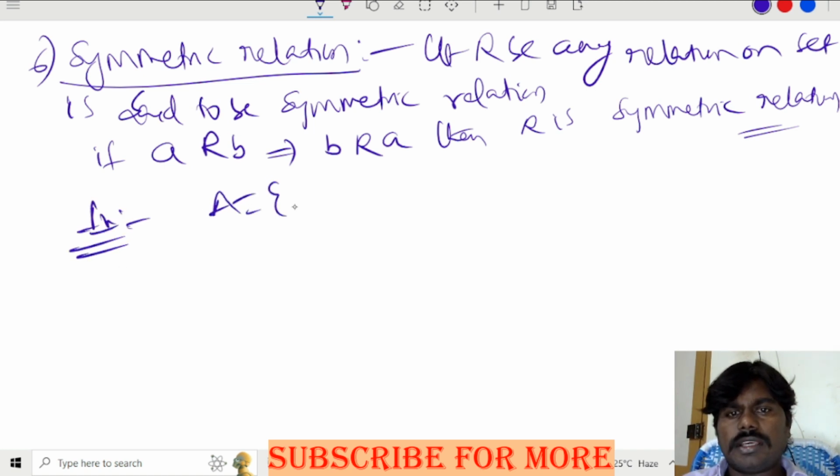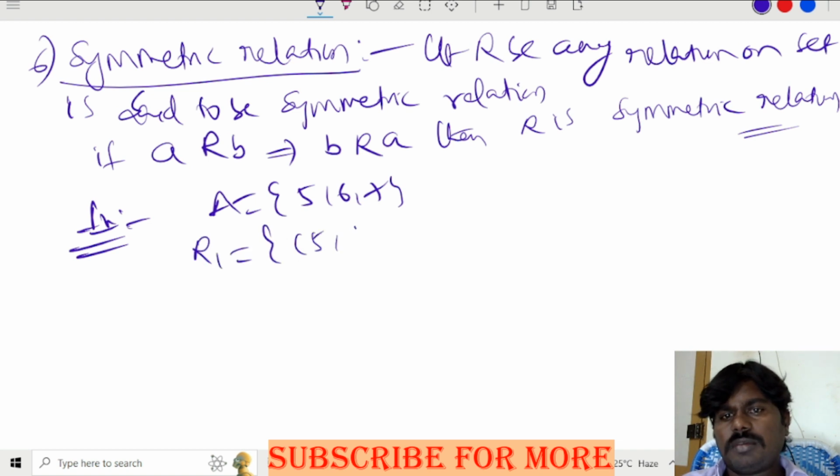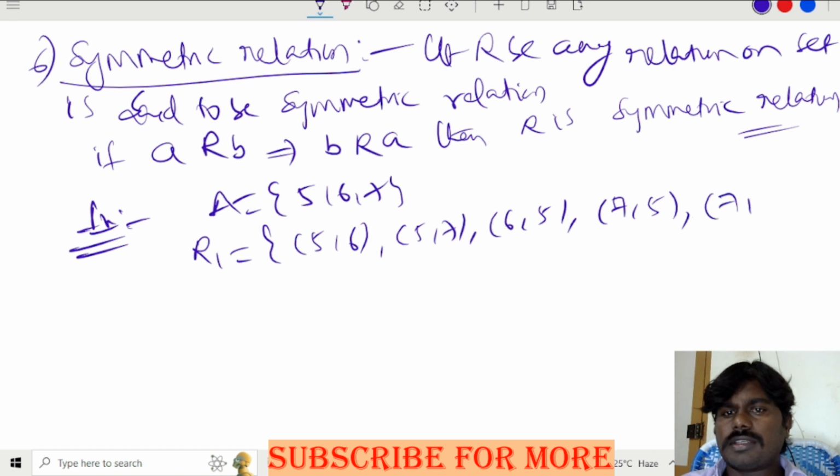Here I am taking set A equals 5, 6, 7. So here we can define A cross A. Of course we will get so many elements, so directly I will give the relations. We can define the relations simply. So I am defining R1 like this: 5 comma 6, 5 comma 7, 6 comma 5, 7 comma 5, 7 comma 6, 6 comma 7.